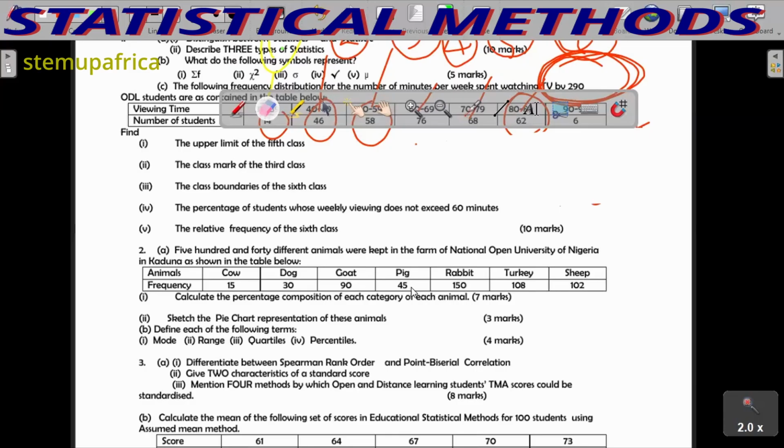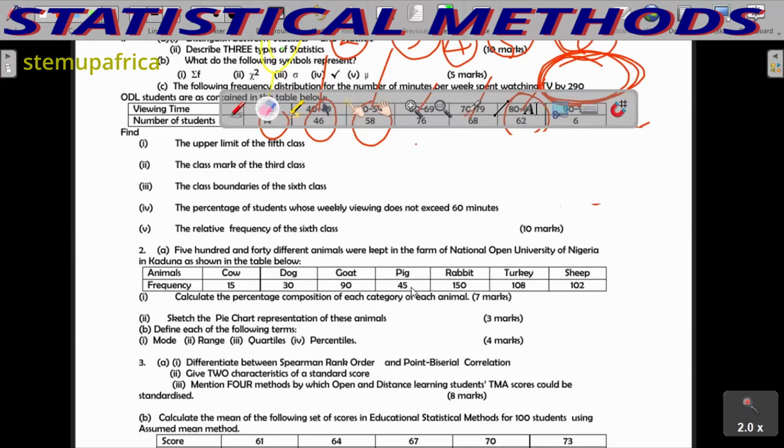All these definitions you can look up in the material. Range is defined as the difference between the highest number and the lowest number. The word difference means minus. That's how you define a range.